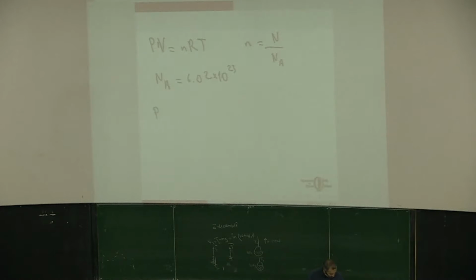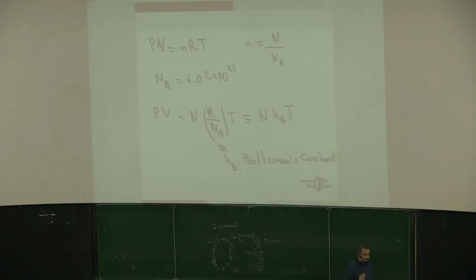So we have PV is equal to N times this R over NA times T, which we define as the total number of molecules times this constant, which we call the Boltzmann constant: N times Kb times T. Well, we still have some arbitrary number here.